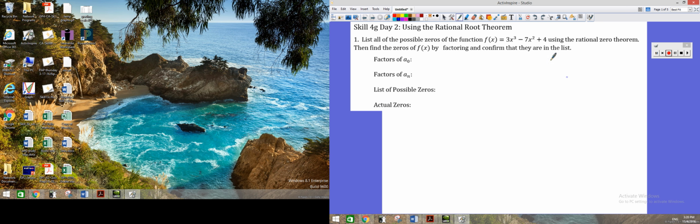It wants us to look at the factors of the constant term, what they call a naught. So the factors of 4: plus or minus 1, plus or minus 2, plus or minus 4. My leading coefficient, what they call a sub m, is a prime number 3, so we just have factors of 1 and 3.